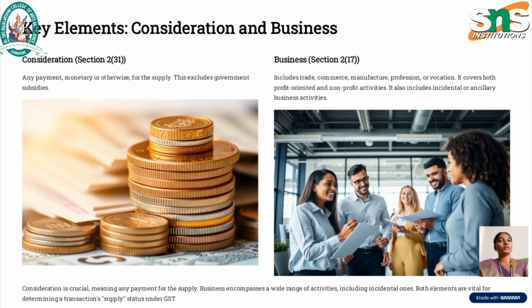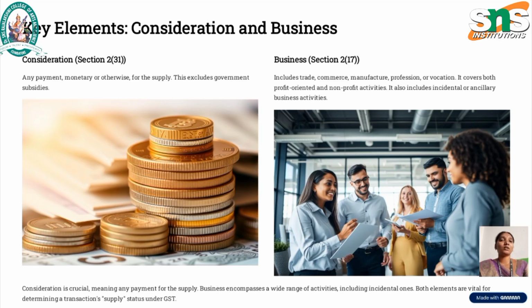For consideration we have a separate section, and for business we have a separate section, to define the elements of supply. First, the consideration element is defined in Section 2(31). This section determines any payment, mandatory or otherwise, for the supply.